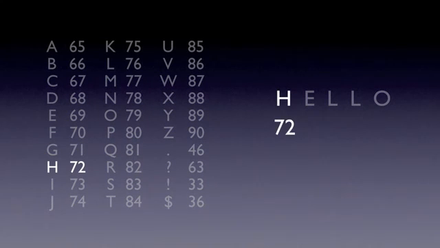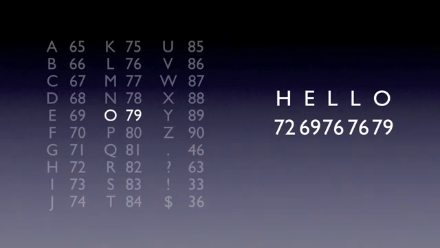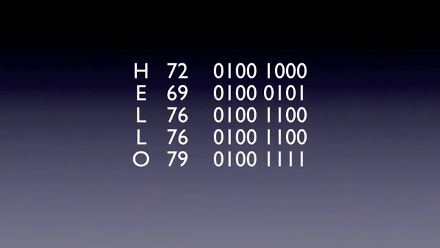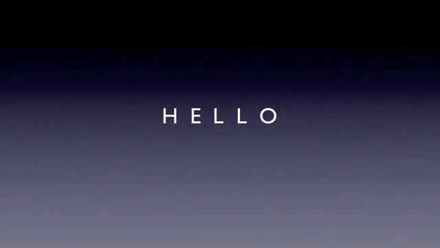Starting with H, we have 72, E, 69, L, 76, in this case twice, and O, 79. Assigning each letter of the alphabet a unique numeric code allows us to convert any text to a sequence of numbers, and numbers, as we've already seen, can easily be represented in binary.